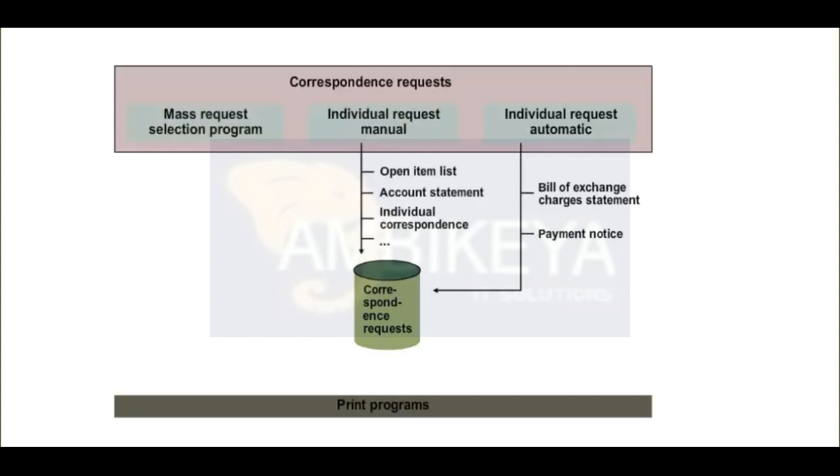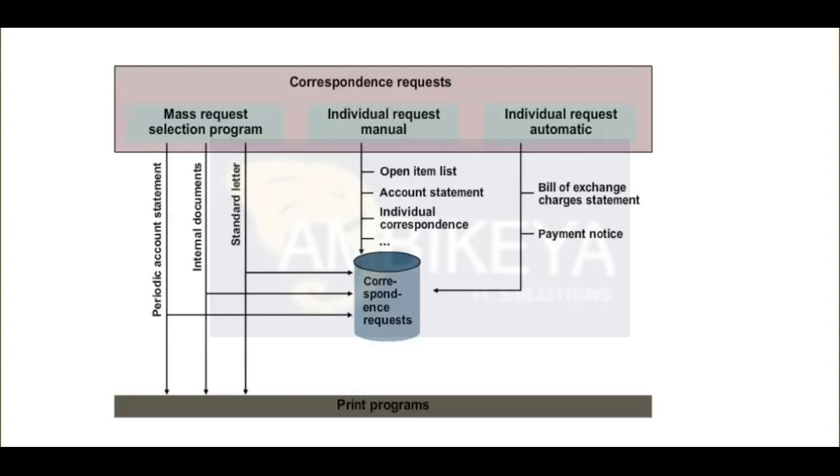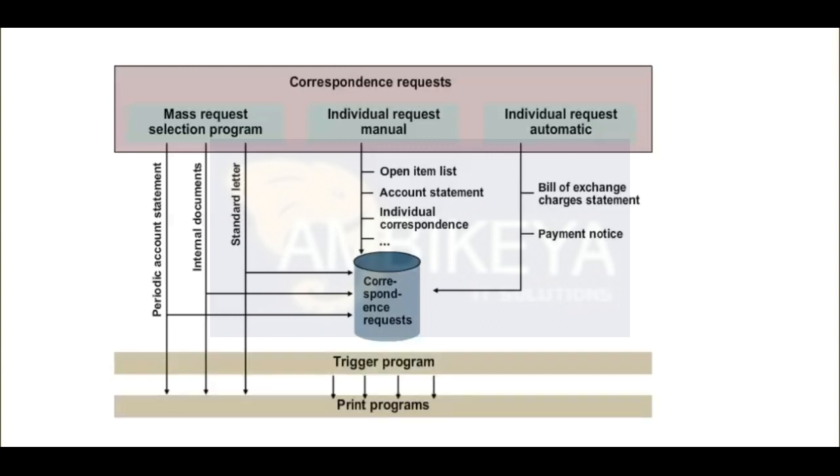It can also be created using a request program that creates a high volume of correspondence requests simultaneously, such as periodic account statements, internal documents, and standard letters. Requested correspondence is stored in a correspondence request table and can be printed via a trigger program.